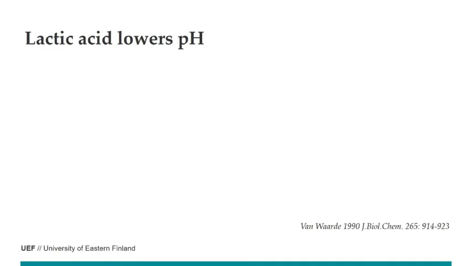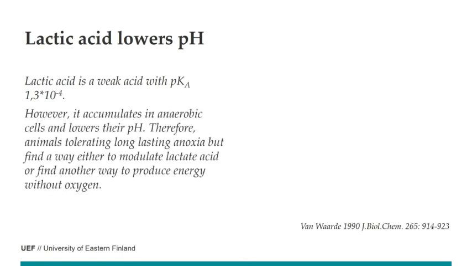The problem also exists that lactic acid is an acid, and if we have acids, we lower the pH. It's a weak acid, so nothing to compare with sulfuric acid, etc. But still, when it accumulates in anaerobic cells, it lowers the pH.